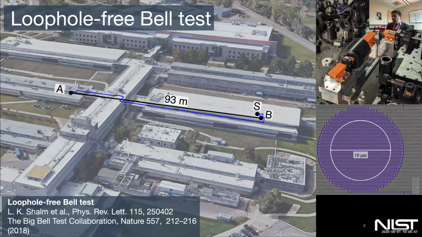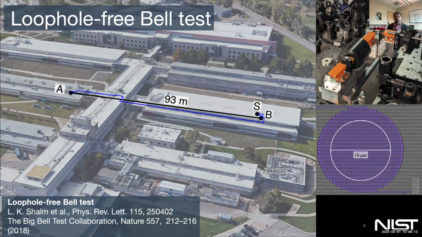But the first real application that we want to go after that's going to have, I'd say, a quantum advantage, at least one of them, is performing loophole-free Bell tests. If you can perform a loophole-free Bell test, which involves distributing entanglement to two remote nodes, and then performing measurements on those qubits, you can violate what's called a Bell inequality.